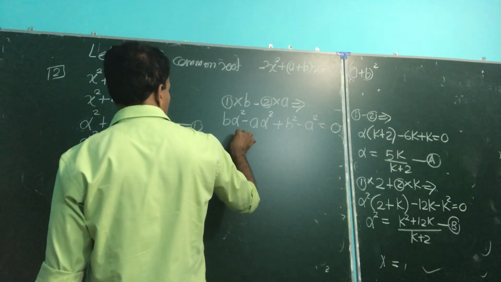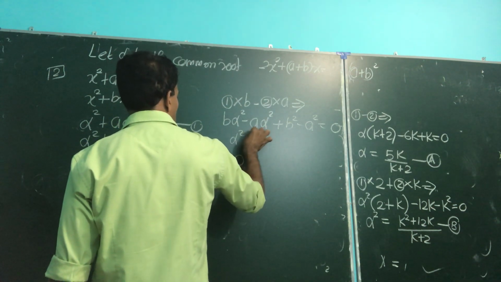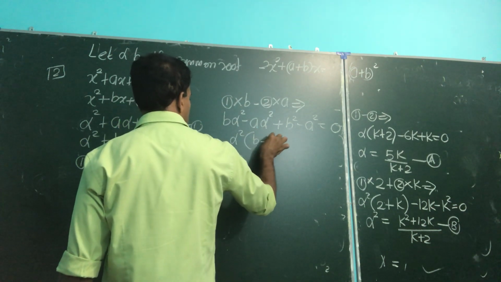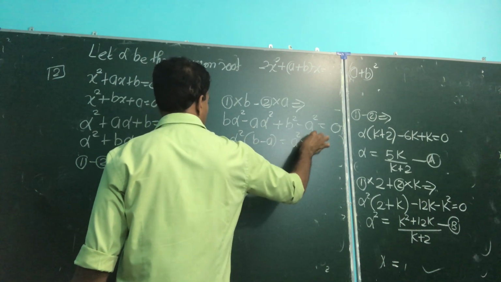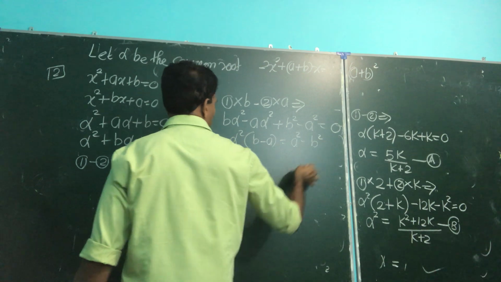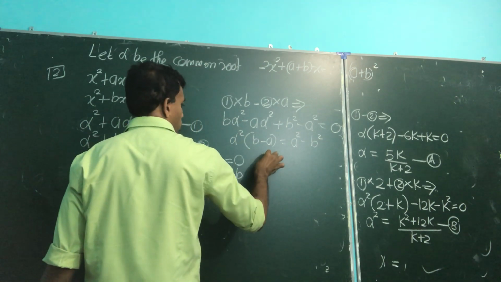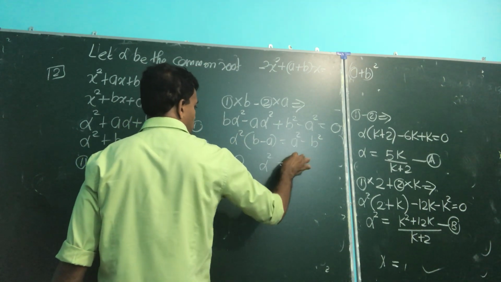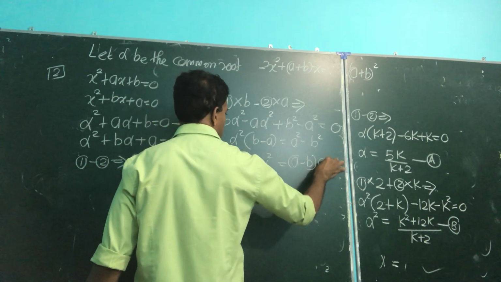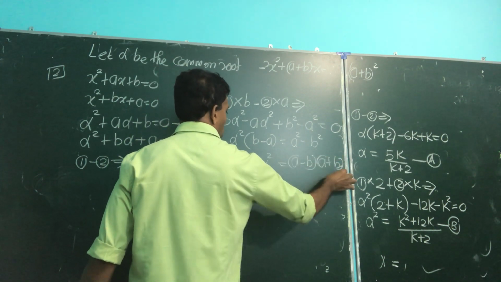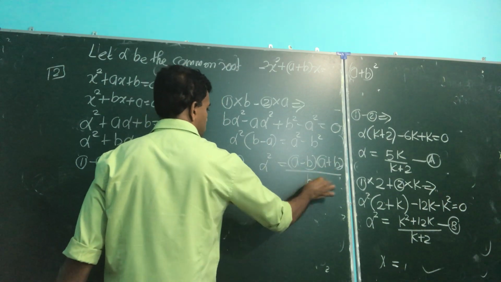So take the alpha square out. (b minus a) alpha square equal to what? a square minus b square. So what is alpha square equal to? This can be factorized, no? (a minus b)(a plus b) over (b minus a).